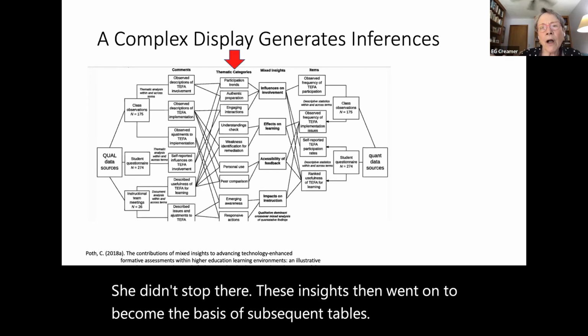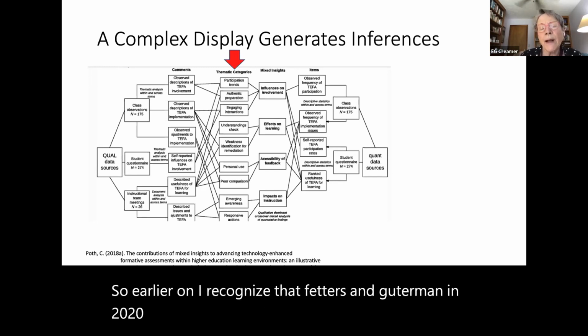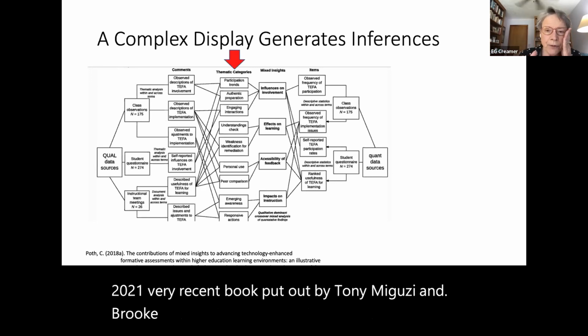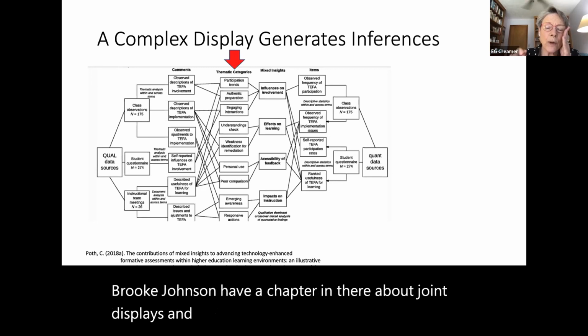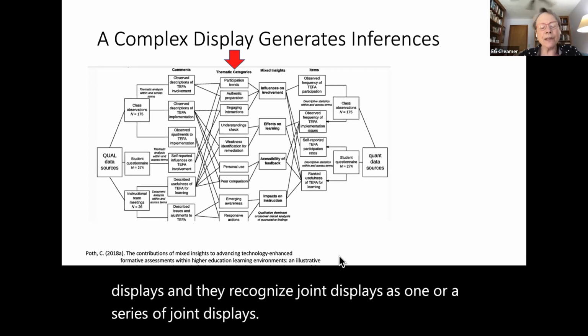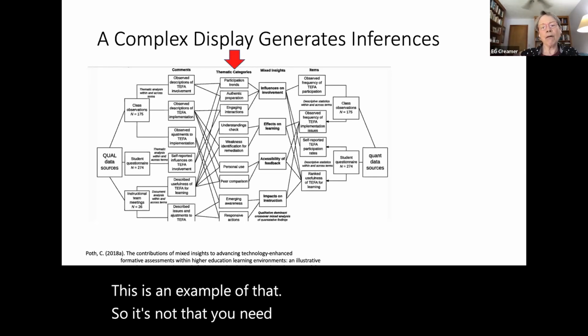So earlier on, I recognized that Fetters and Guetterman in 2021, a very recent book put out by Tony Onwuegbuzie and Brooke Johnson, have a chapter in there about joint displays. And they recognize joint displays as one or a series of joint displays. This is an example of that. So it's not that you need to understand the content of this.